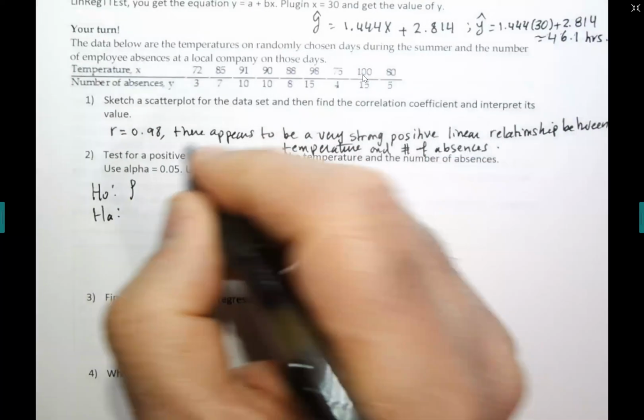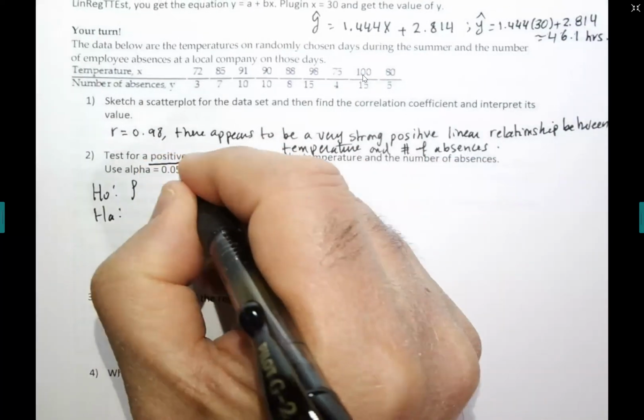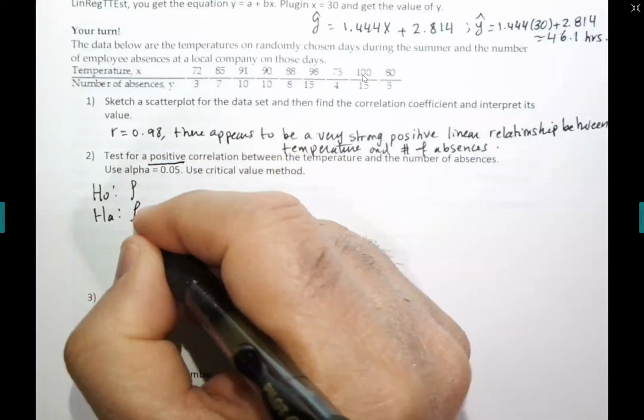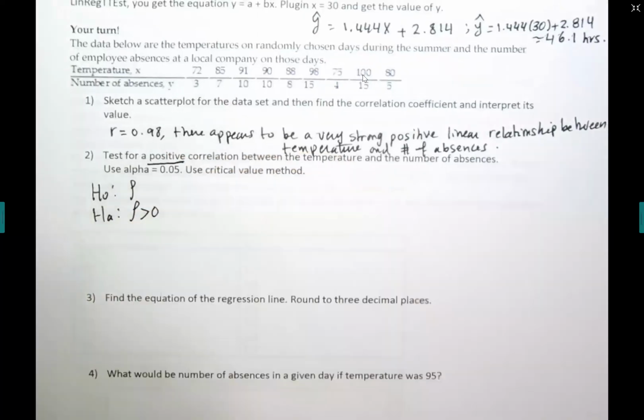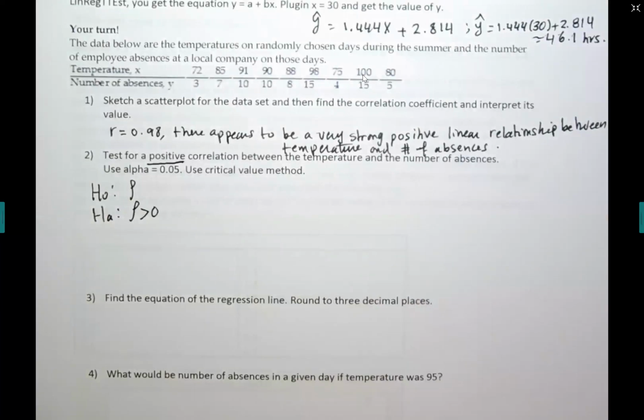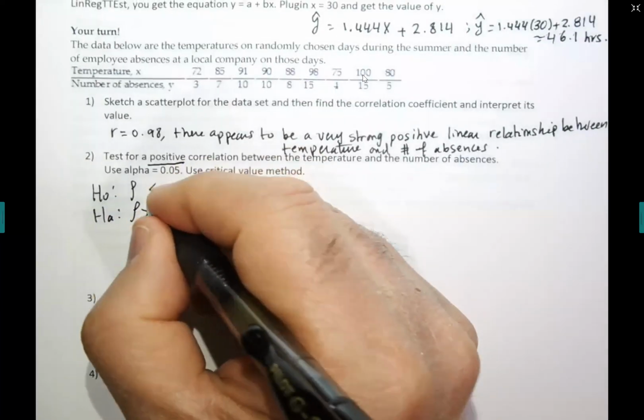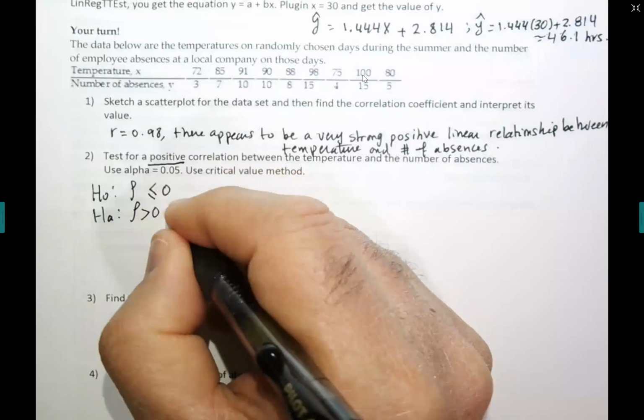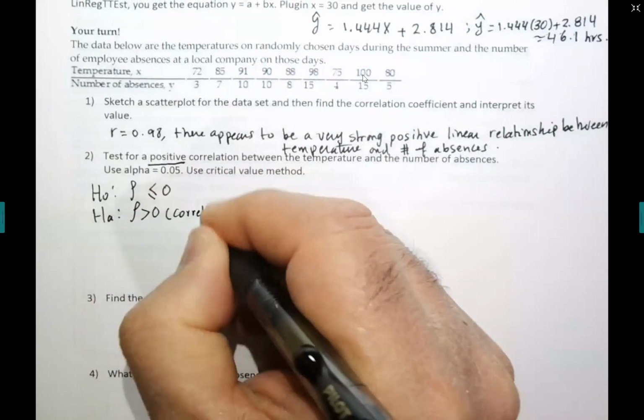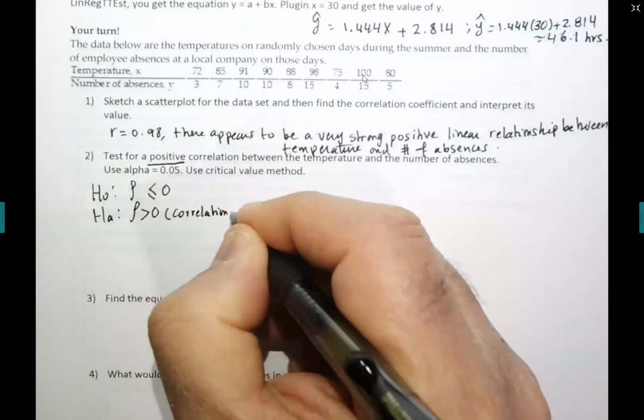It says test for positive. So will you agree with me if I say rho greater than 0 right here? That's a positive. You read it greater than 0, positive. That's less than 0. I'm going to be consistent. I said in the alternative, you always write correlation is significant.